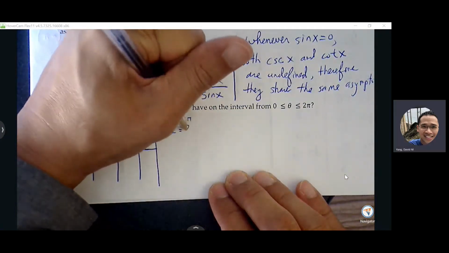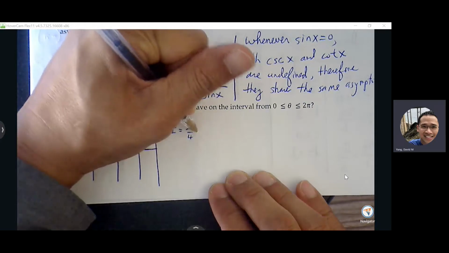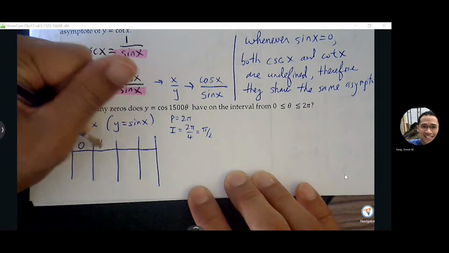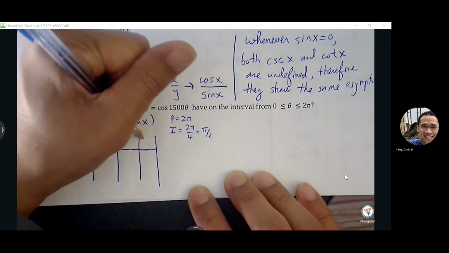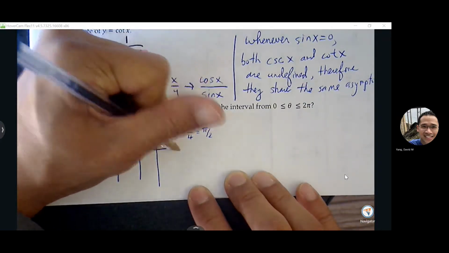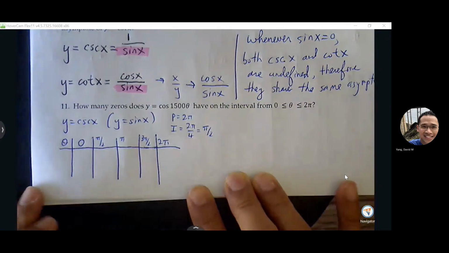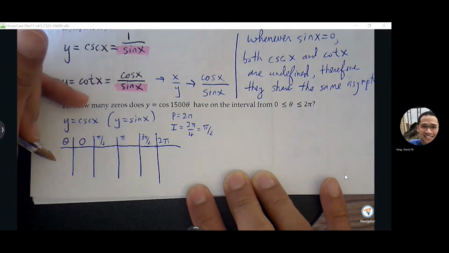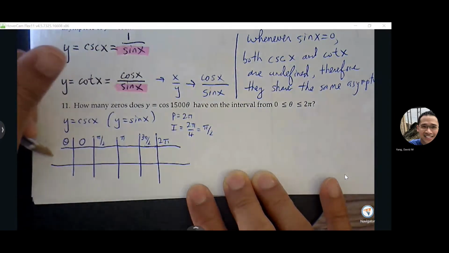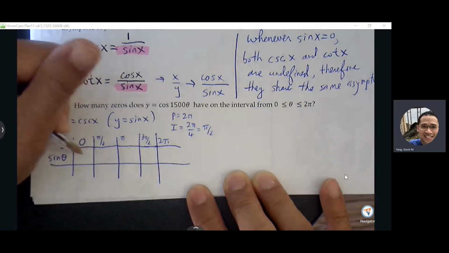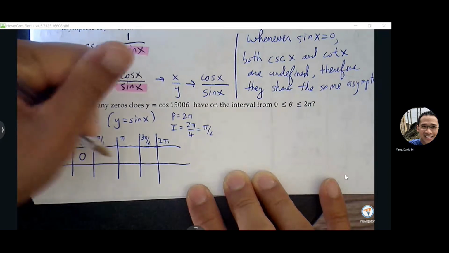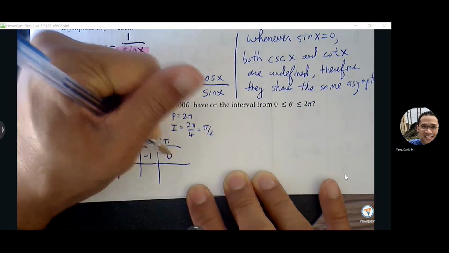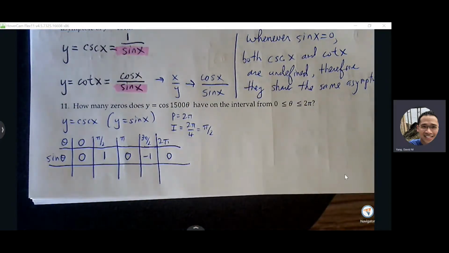The interval is period divided by 4, which is pi over 2. Sine starts at 0, goes up to 1, 0, -1, 0.